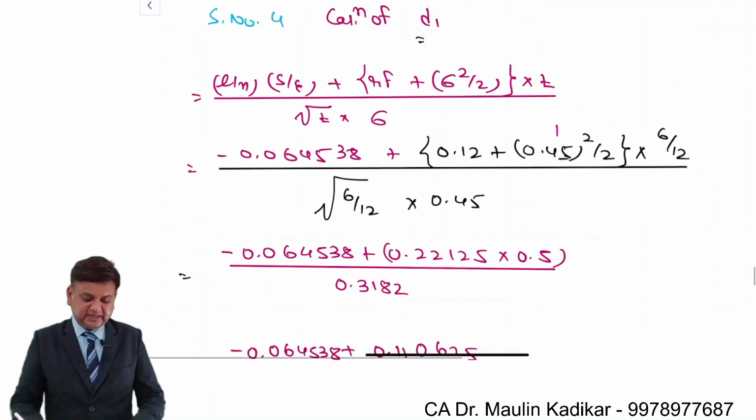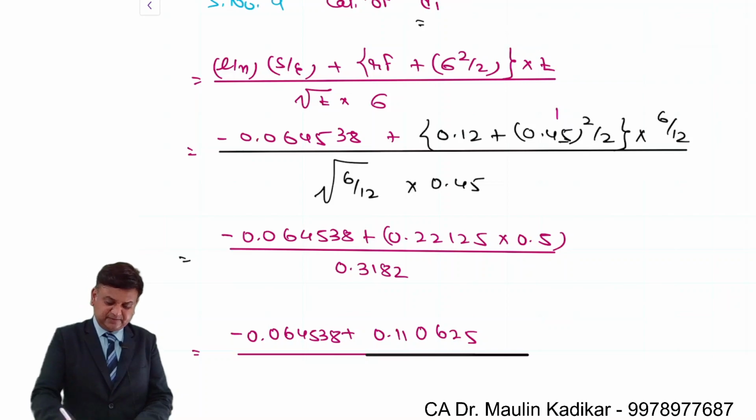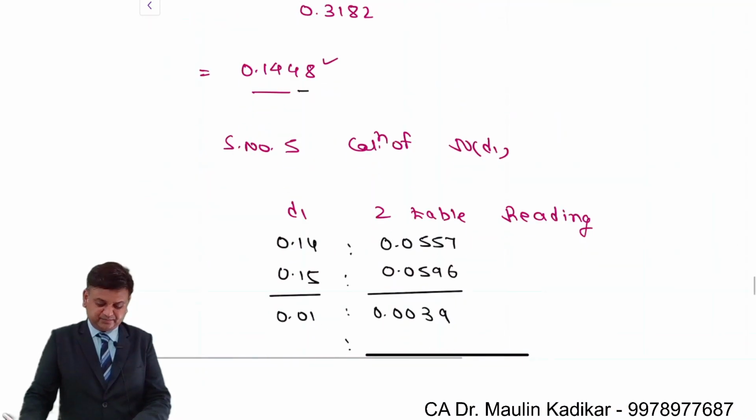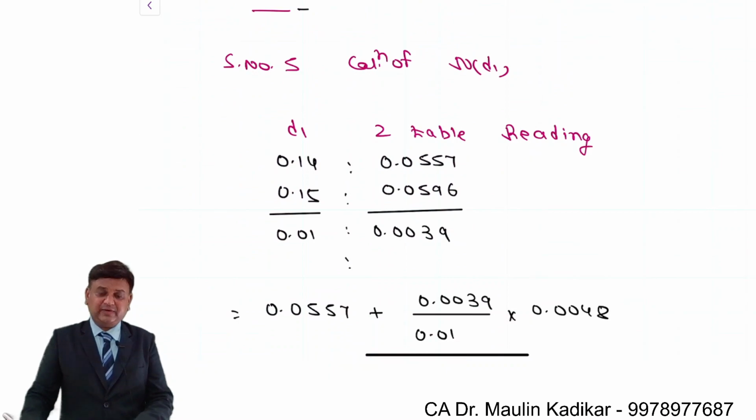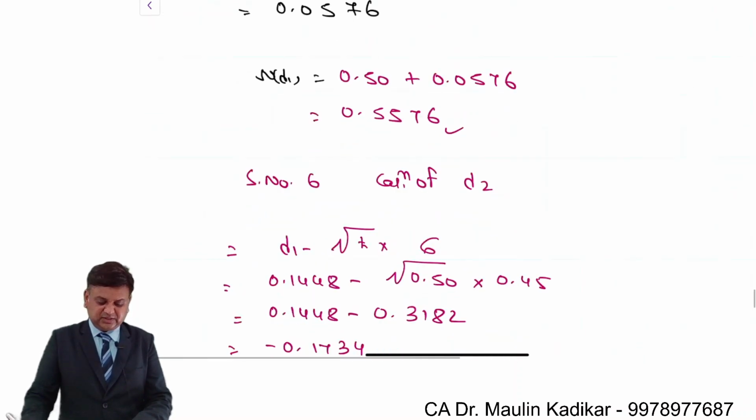D1, in that case, again, be sure that you are clear with the sequence. This time the standard deviation is given to us. So we have to convert that first of all into variance for making calculation. Then calculation of ND1. So the D1 value is having two readings. That is the way we have to consider it.